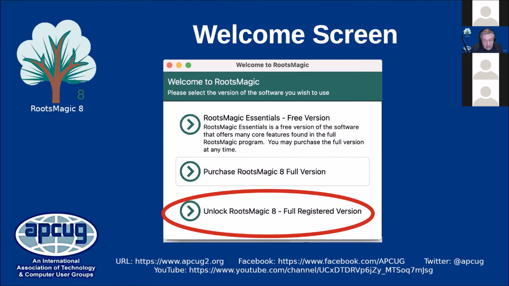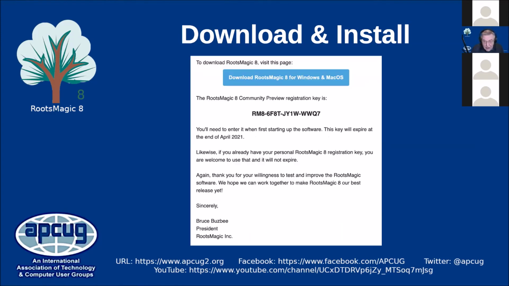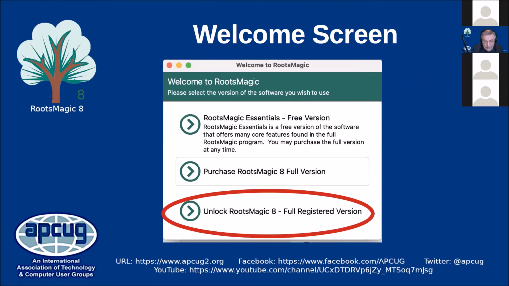The RootsMagic Essential is the free version. Then there's purchase RootsMagic full version. I'd recommend you try it out before you buy it if you haven't already got the key. Or the one I suggest you use is Unlock RootsMagic full registered version. And of course, you want to make sure that you copy that key so that you will be able to unlock it after you've installed it.